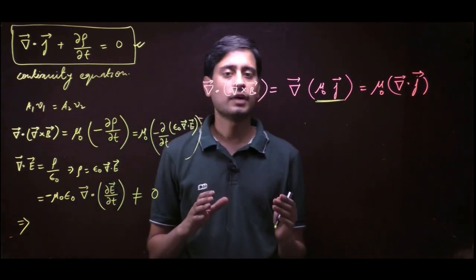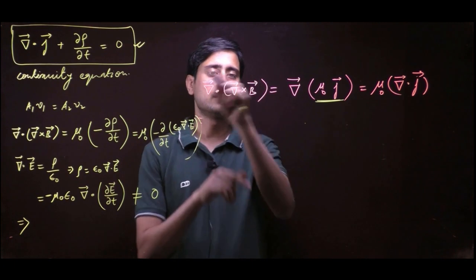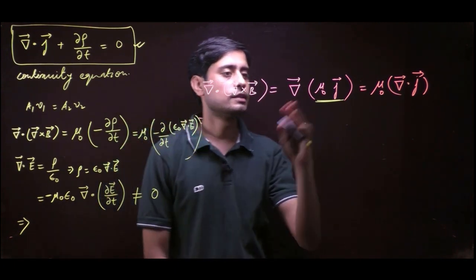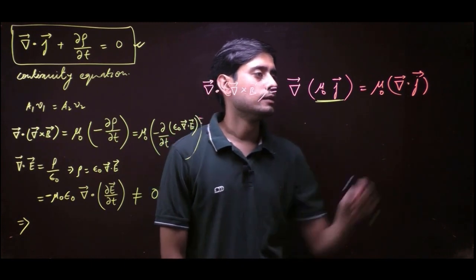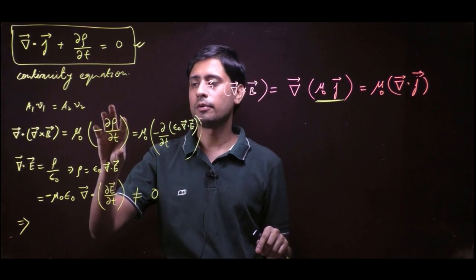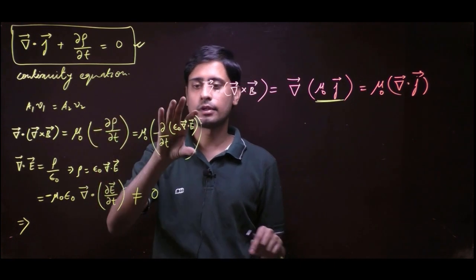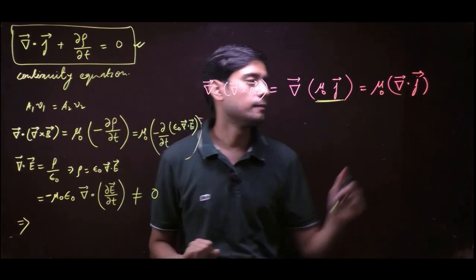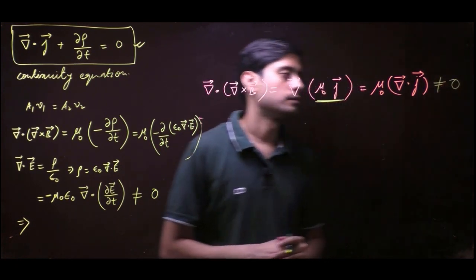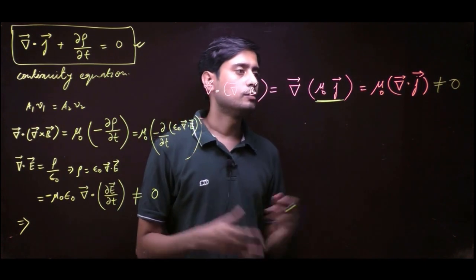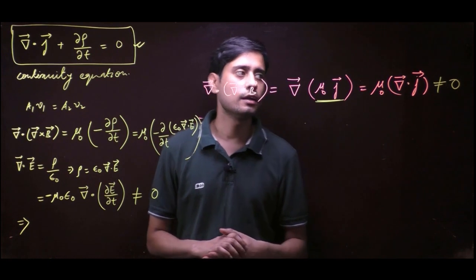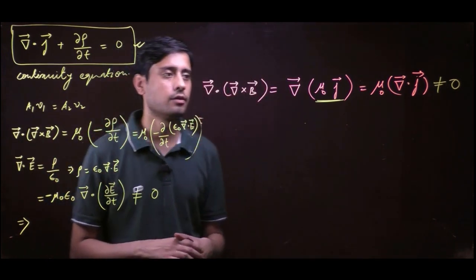What we expected is that the divergence of the curl should be 0, but when the divergence is taken on the right hand side, this term is actually minus del rho upon del T, and this is what is written here. Finally this was not going to be equal to 0, but this must be 0. So there is some missing term which we have not faced till now.